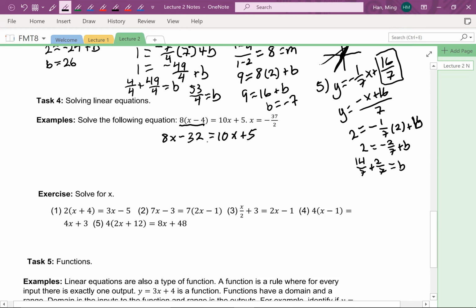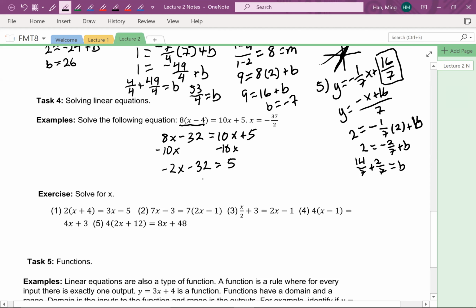So you can either minus 8x or minus 10x from both sides, whichever one you prefer. Let's minus 10x. That will give us negative 2x minus 32 is equal to 5.